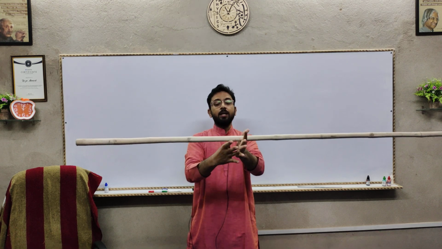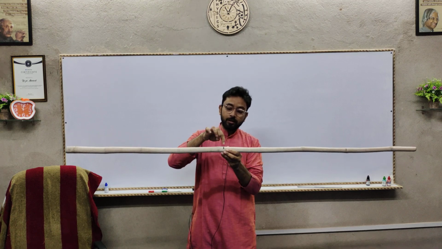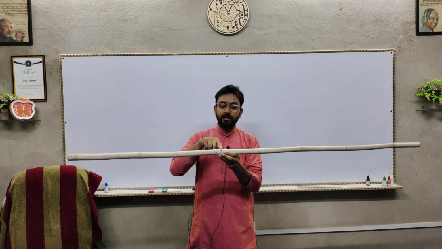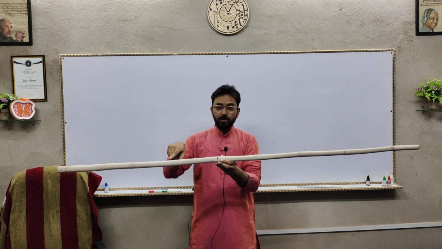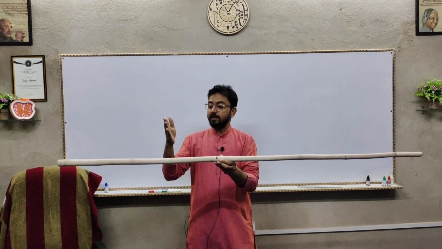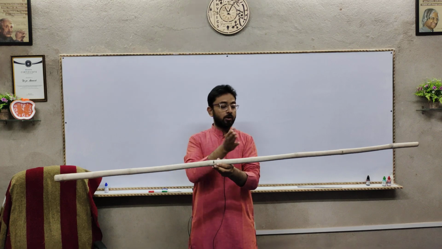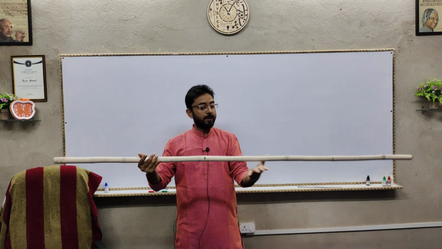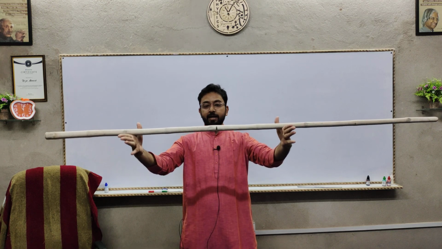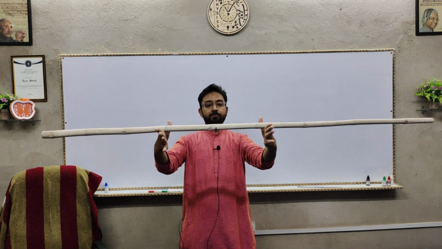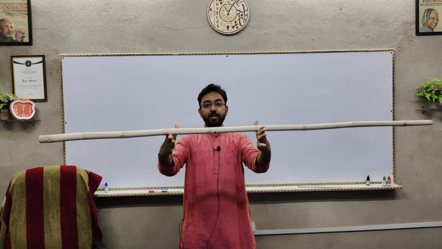If I want the center of mass to be at this point or at that point, I won't be able to do this. Now see again, I am moving my hands and finding the same point. The rod is rotating itself.